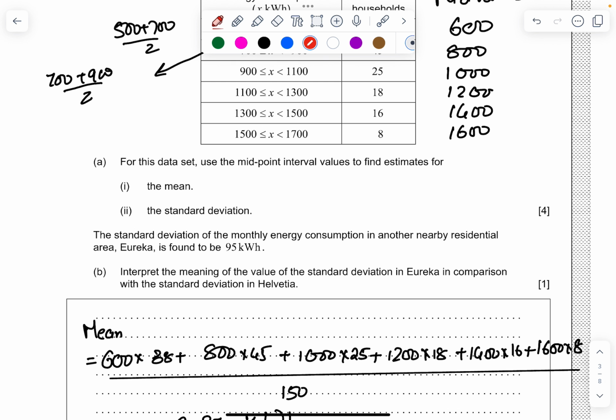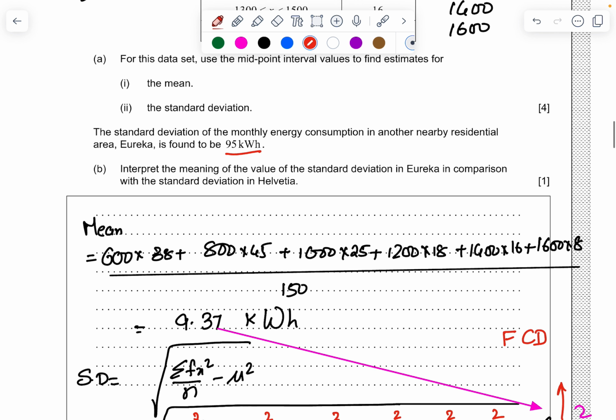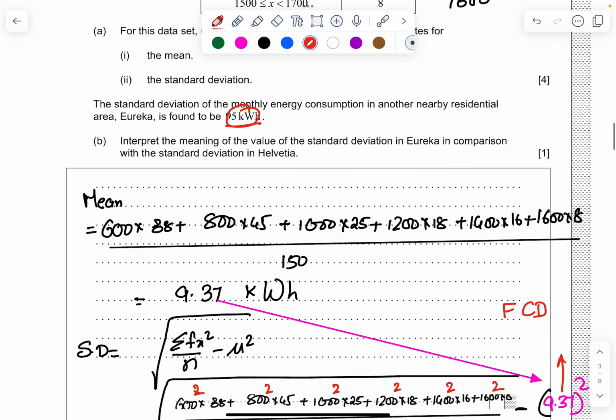The standard deviation of the monthly average in another nearby residential area Eureka was 95 kWh. Interpret the meaning of the value of standard deviation in comparison to that of Helvetia. So here it is 95 only, whereas over here it is 299. So what am I going to write?